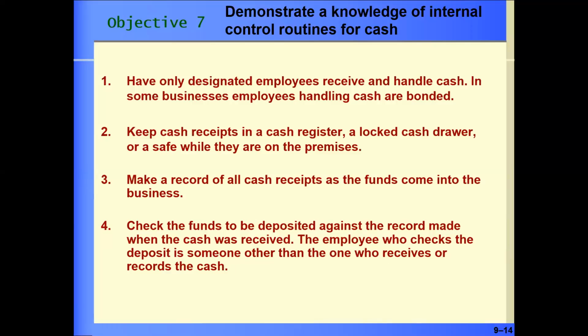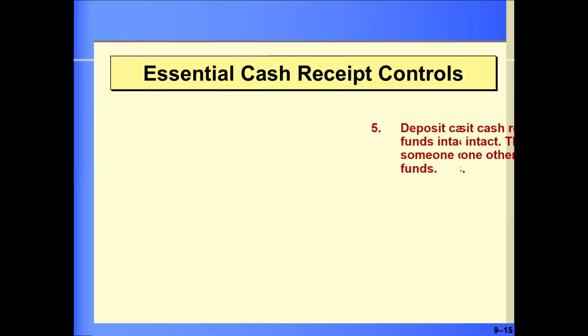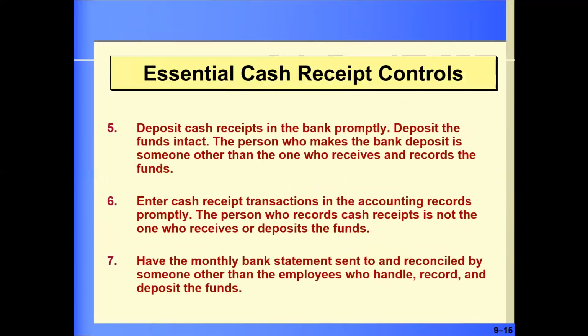The employee who checks the deposit is someone other than the one who receives the cash. Why would that be? Would that be a control issue? It definitely is a control issue, yes. The person who makes the deposit needs to be someone different than the one receiving the cash. Deposit cash receipts in the bank promptly.